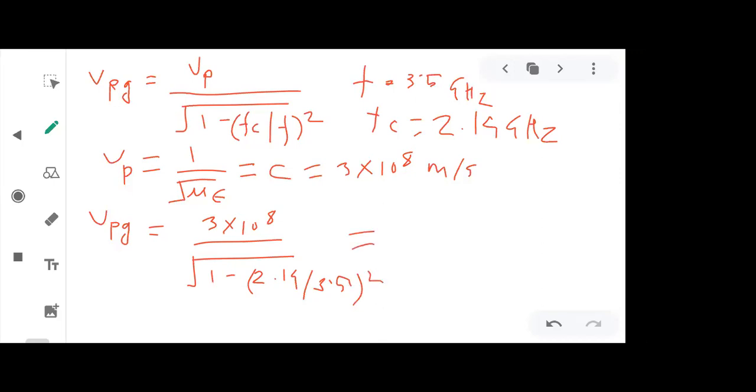Okay, giga will get cancelled out and you get 3.78 into 10 raised to 8 meter per second. Okay, so you can see that the phase velocity is larger than the speed of light. This is going to happen inside the waveguide.